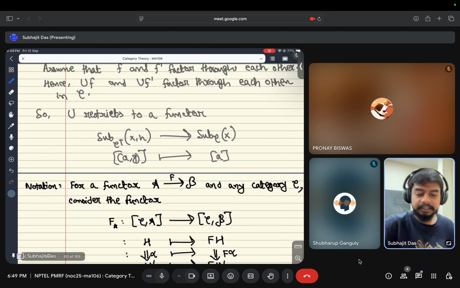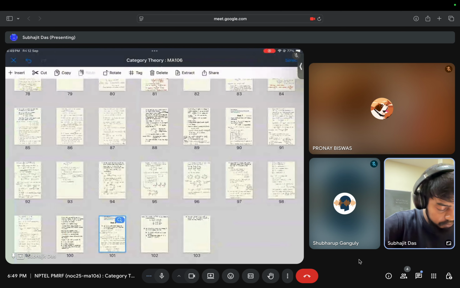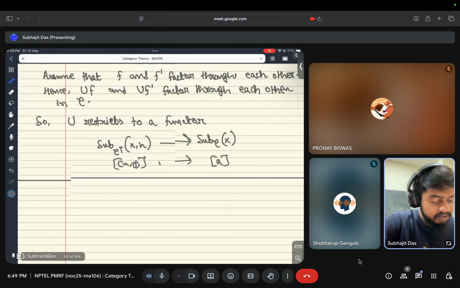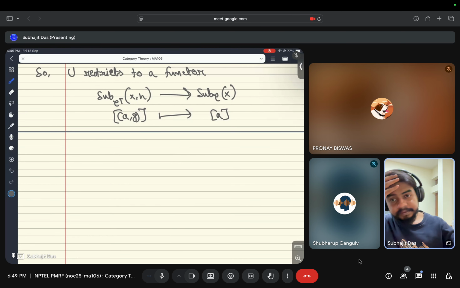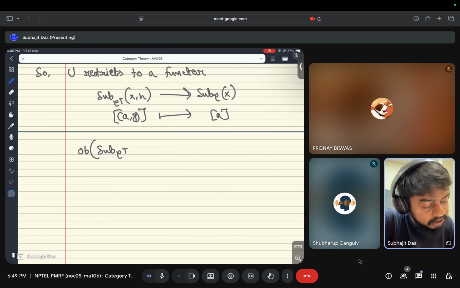Now it's well defined, at least on objects, and automatically well defined on morphisms as well. So we have this map at the level of sub-objects. So let's write it like this: Ob Sub C^T.